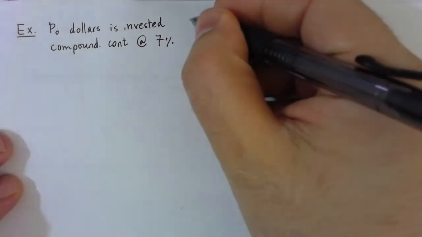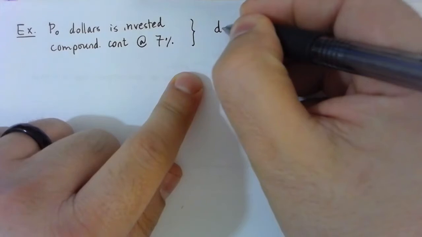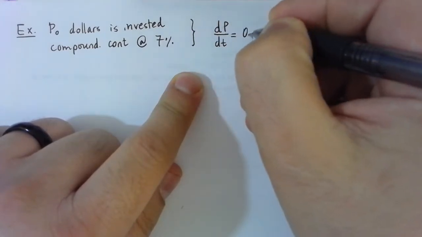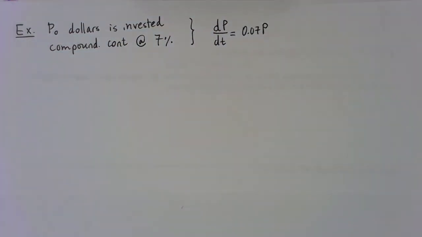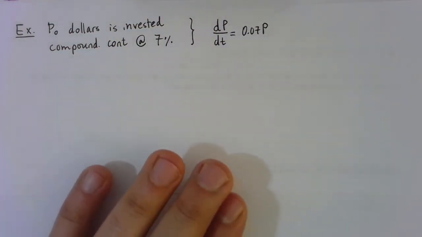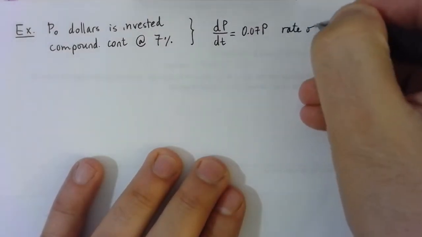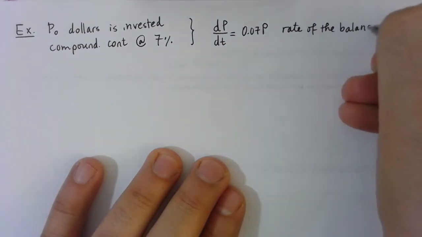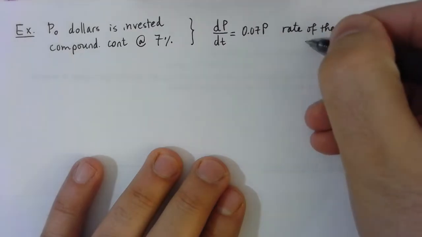From here you can see the equation for this is dp over dt equals 7% times p. This is the rate of change of the balance, so you can see the balance growing.